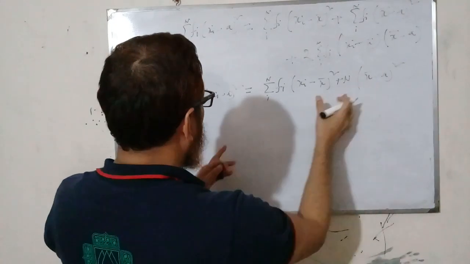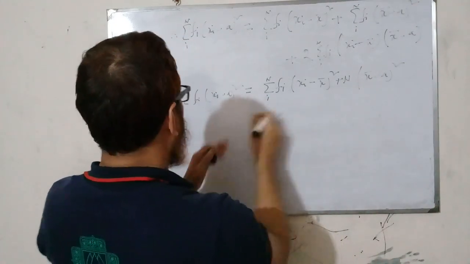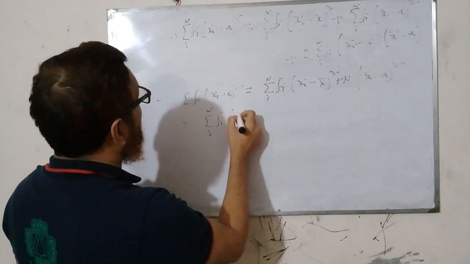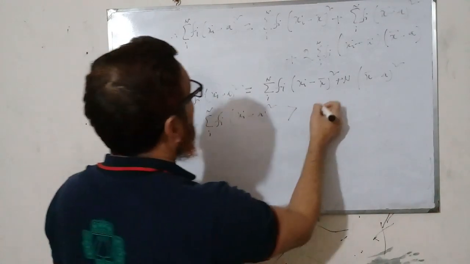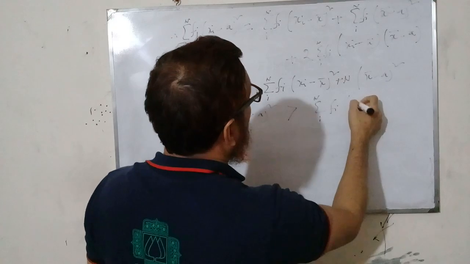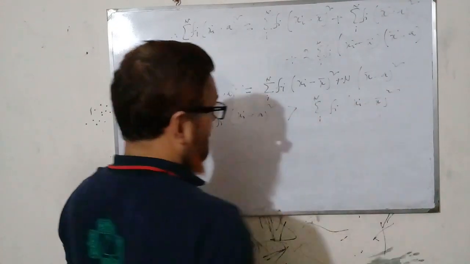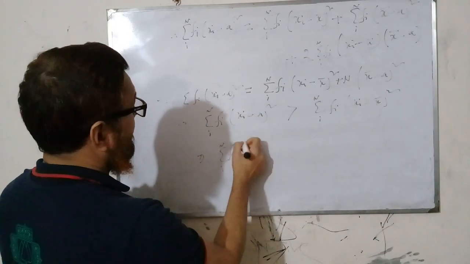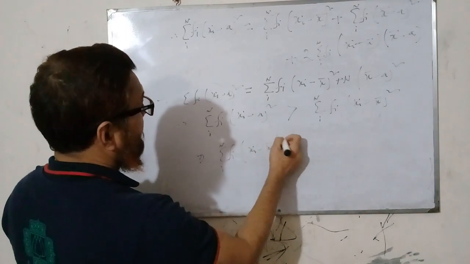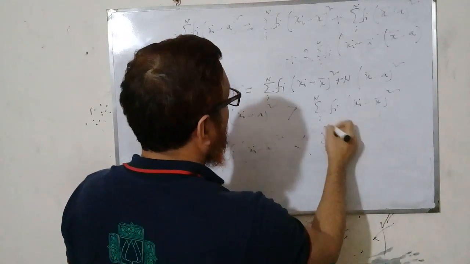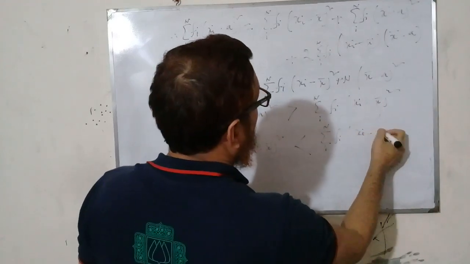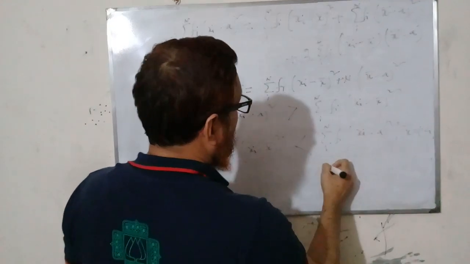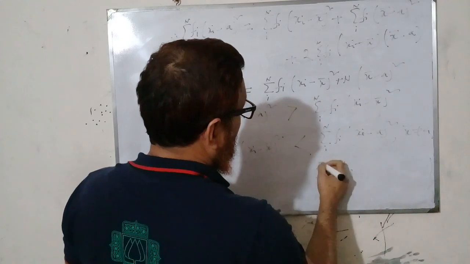Since this is a positive value, we compare this and this term, we can write summation fi (xi - x bar) square is less than summation fi (xi - a) square, where x bar is not equal to a. This is true.